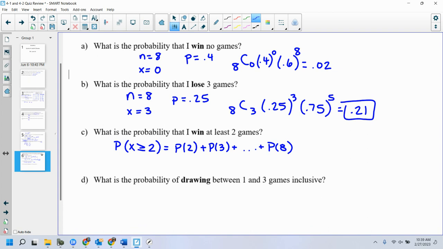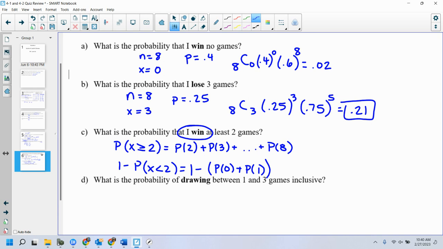So it's 1 minus the probability of what? Keep it with win. Probability of 1 and 0. Which is way easier to calculate.